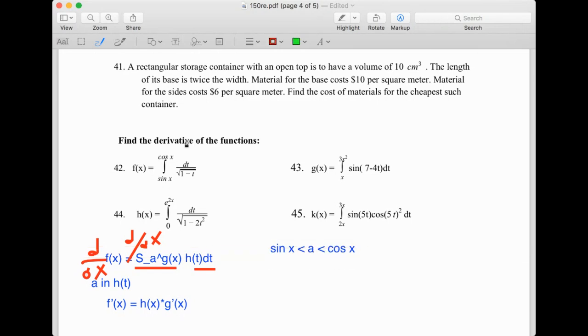Then we split this into two integrations: from sine x up to a, plus from a up to cosine x. We have to flip the first one because a is the upper limit. When we flip the upper limit and lower limit, they introduce a negative sign. Then the rest, we just follow the first part of the fundamental theorem of calculus. Okay, does that answer your question, Vaughn?